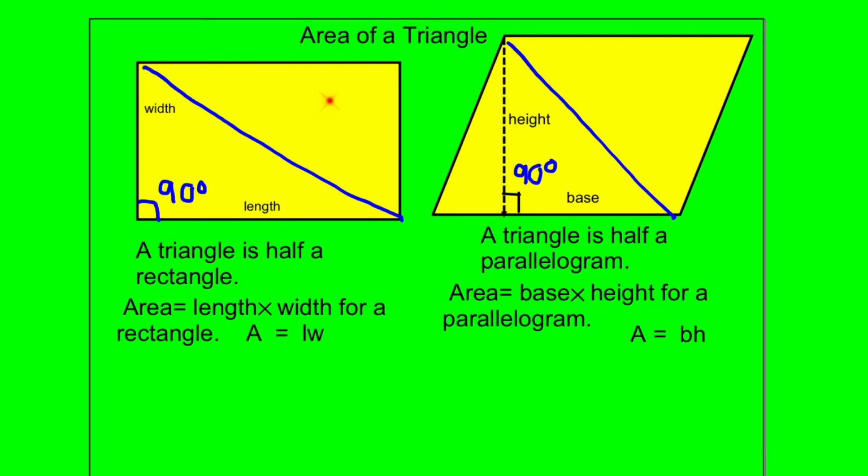So on this page, we've just established that in a rectangle, there are two equal-sized triangles. In a parallelogram, there are two equal-sized triangles. That's how we develop the math equation for the area of a triangle, knowing that a triangle is half of a rectangle and half of a parallelogram.